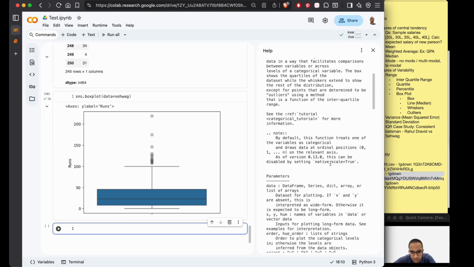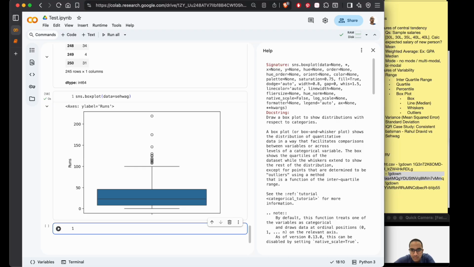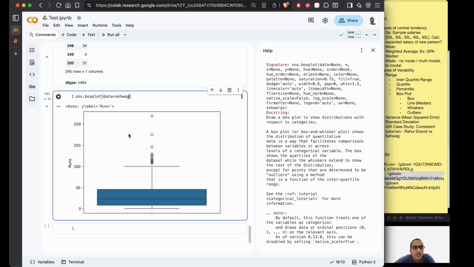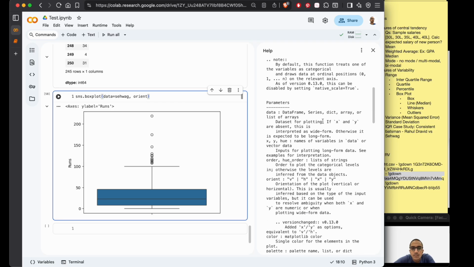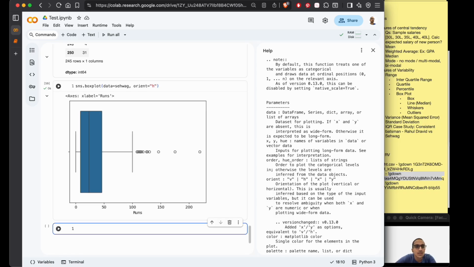Let's flip it once. There should be an orientation somewhere. Yeah, orient. What does orient take? So this is vertical, I think. So we'll flip it to horizontal. There you go.